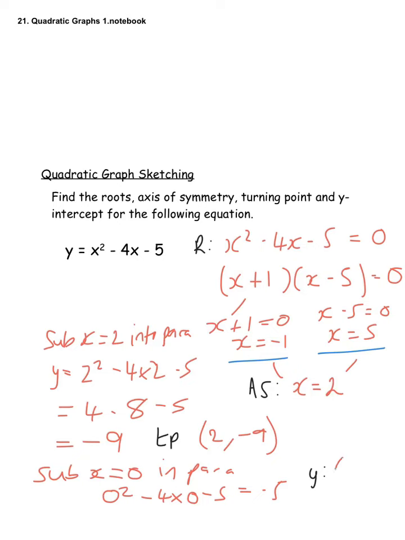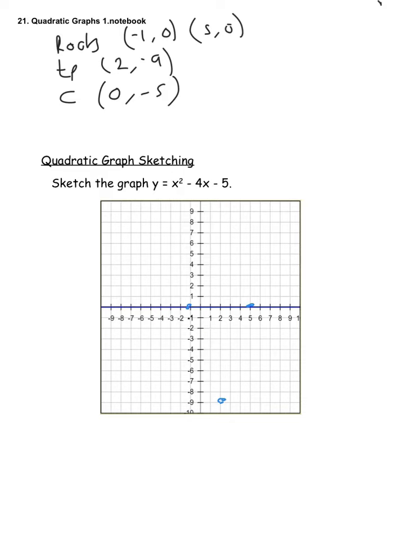Okay, so if we're going to sketch this graph, and this will be a little bit difficult for me on this device, we need to use the roots, the turning point, and the y-intercept as placeholders first. Okay, so minus 1, 0 is going to be there, 5, 0 is going to be here, 2, minus 9, 2 across minus 9 down is going to be down here, and 0, minus 5 is going to be there.